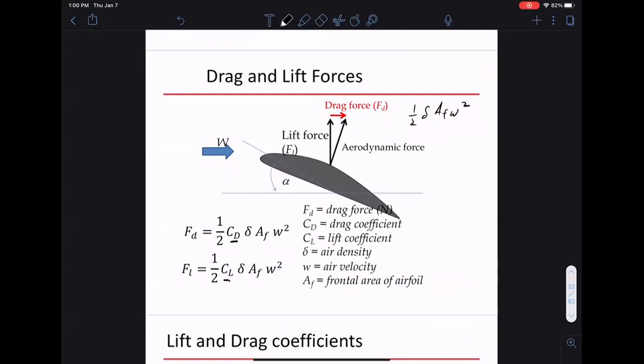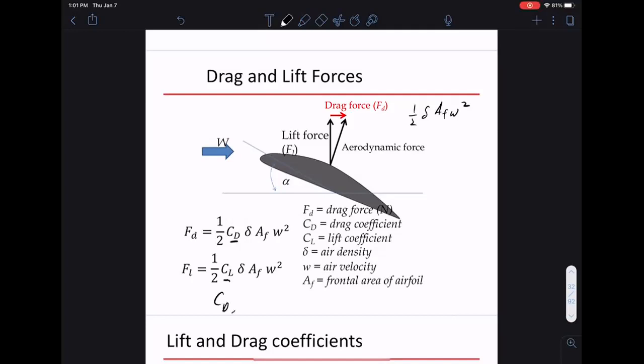This is the amount of force we have in moving air. Then we scale it by a coefficient that determines how much of this force goes into lift and how much goes into drag. If we can measure the incoming air speed, then depending on the angle of attack, a fraction of it gets converted to lift, and a fraction shows up as drag.